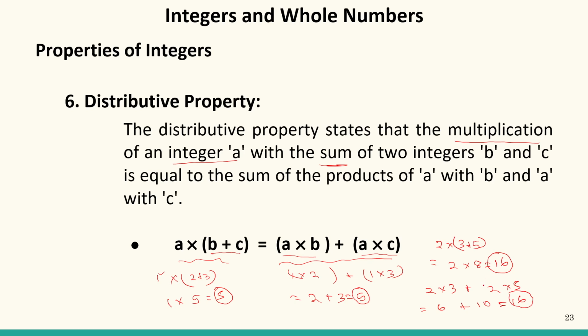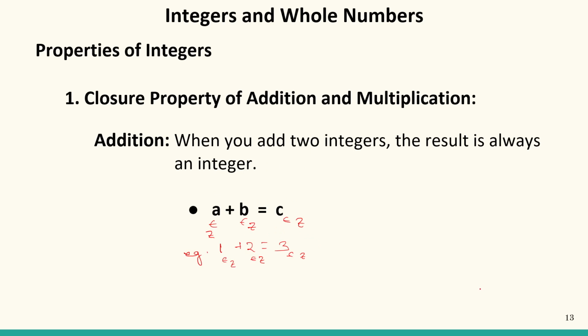Okay, so let's go through all the properties again so that we could get our heads around it. So the first property told us the closure property of addition. For addition, if we get two integers and we add them, we'll get an integer.